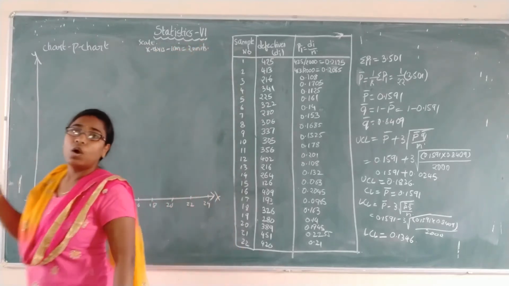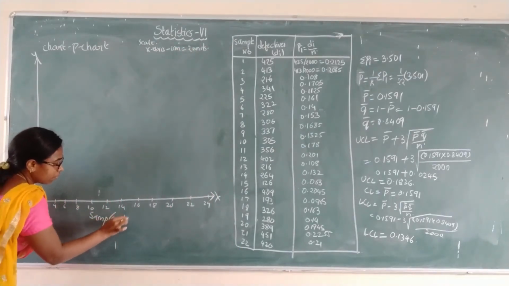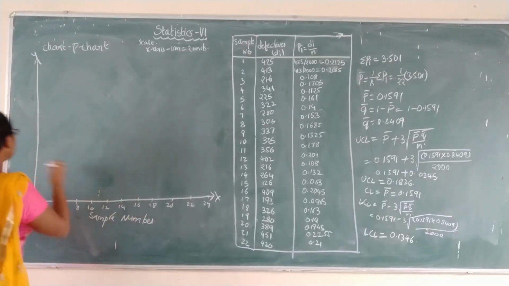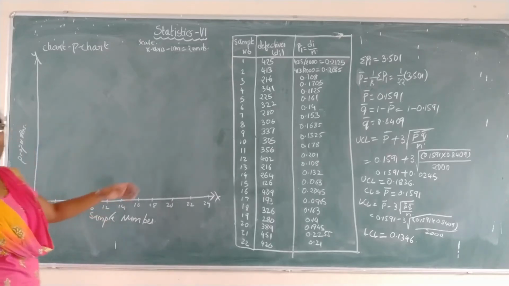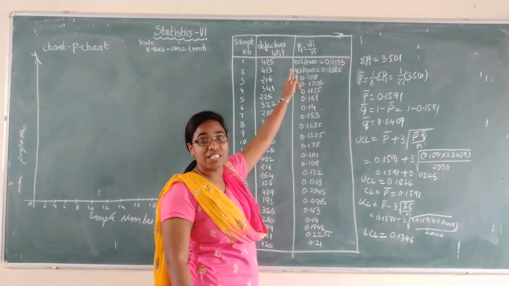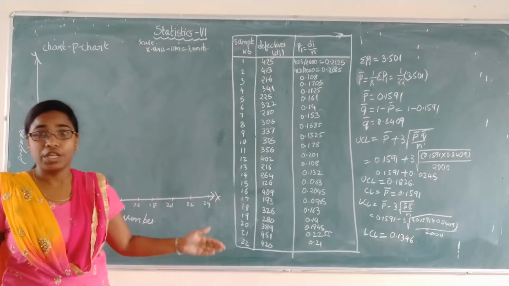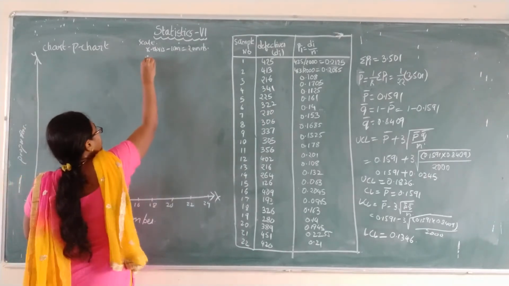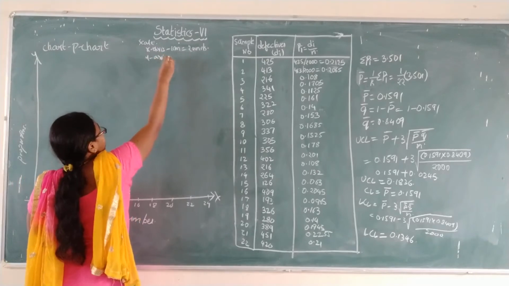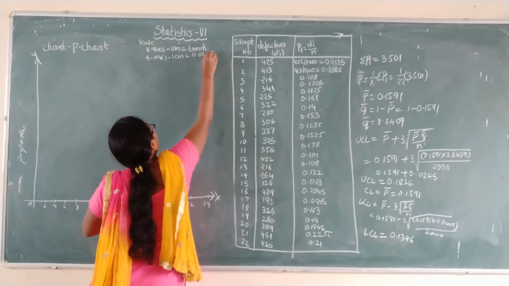Similarly, on the y-axis we will be denoting the proportions. All the proportions are decimal values, since we are going to plot the pi values, and all are between 0.1 and 0.2. So for this case, I am taking the scale on the y-axis as 1 centimeter equals 0.02 units.